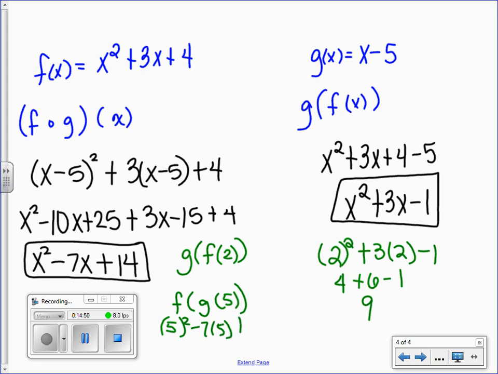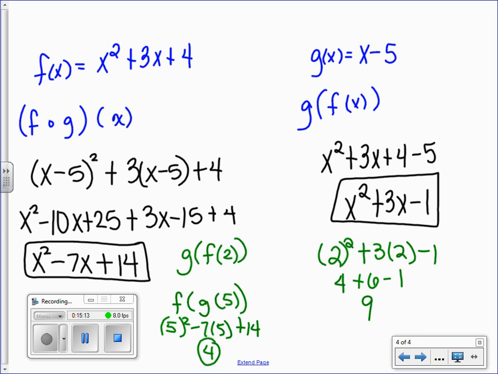Oh, wait, no, I did the other one. So plus 14. So that's 25 minus 35, which is negative 10, plus 14, so it's 4. Well, if you were to put 5 in that other one, x squared plus 3x minus 1, it'd be 39. Oh, okay. Awesome. Again, proving they're not the same.